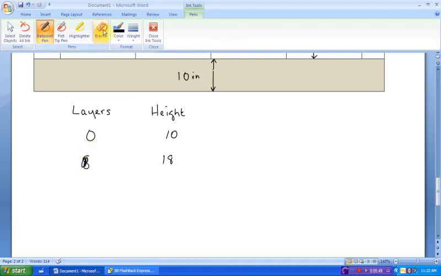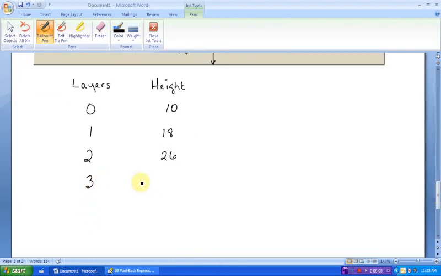Second layer, we add another 8 inches on, so 18 and 8 more would be 26. Add another layer on, and we get 26 and 8 more, which would be 34. And we keep on with the same process. We don't ever add the 10 inches back in, it stays there. So then we have 8 more than 34, which is going to be 42. And we continue the same process.